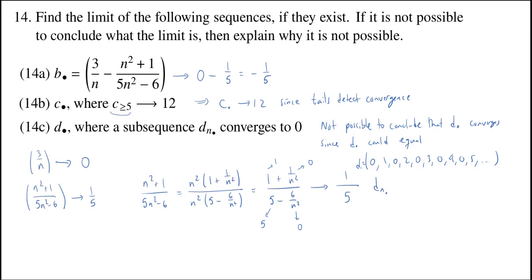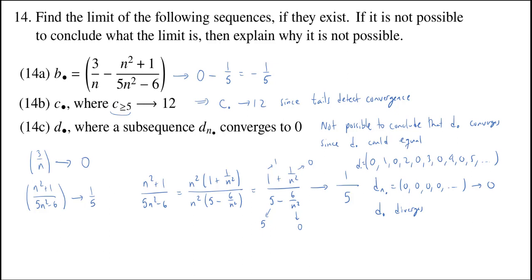So that subsequence would just equal 0, 0, 0, 0, and so forth, and that definitely converges to 0. But D dot does not converge to 0. D dot diverges, because it's going back and forth between 0 and some steadily increasing natural number. So there's no way to know what D converges to. In fact, it may not converge at all.